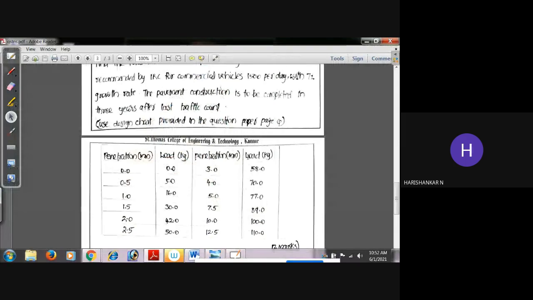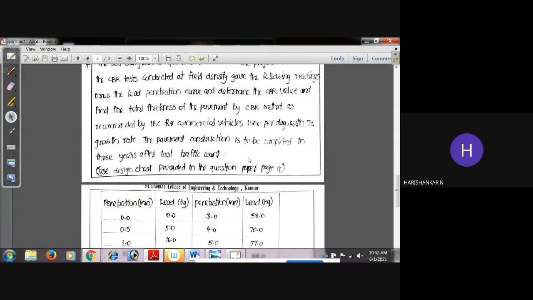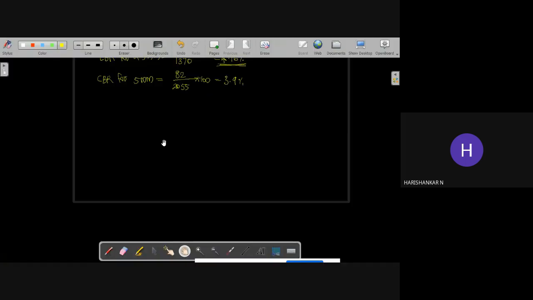So here they have asked you to find the total thickness of the pavement. Only the total thickness of the pavement you have to find out. You need not find the individual component layer thicknesses. So the given values you can write down: 1500 commercial vehicles per day, so n value can be taken as traffic volume.